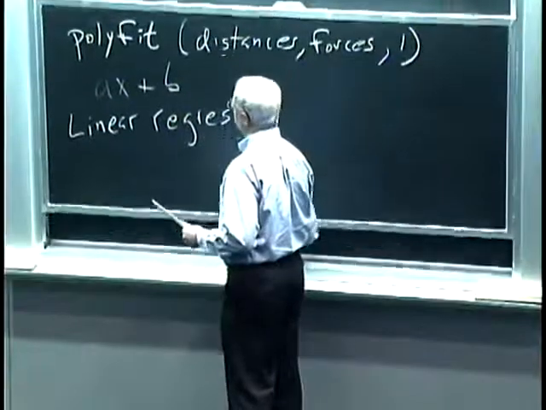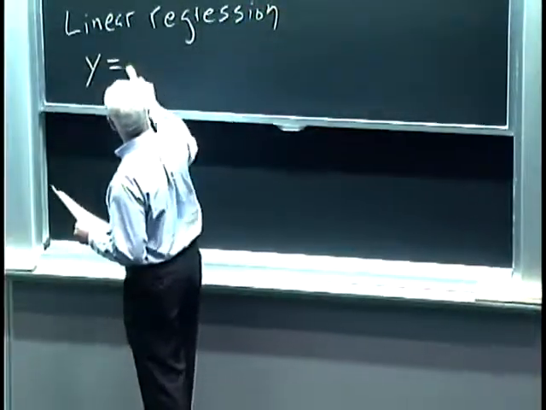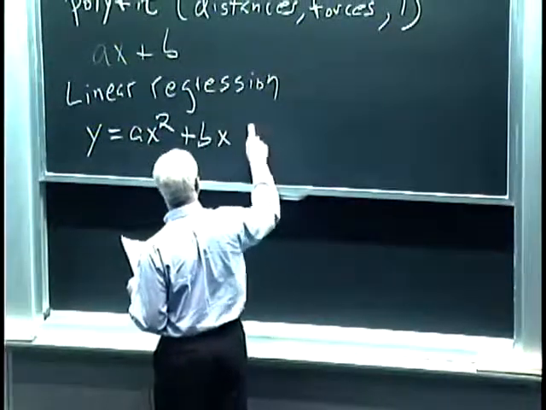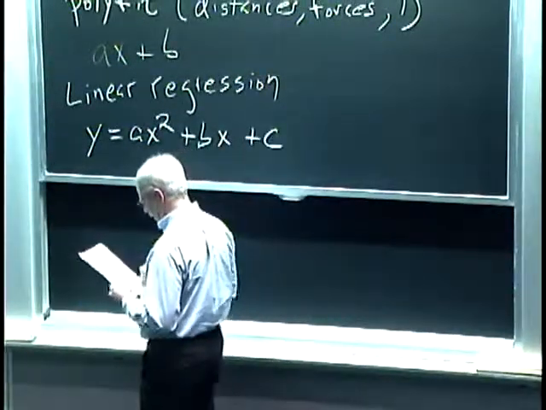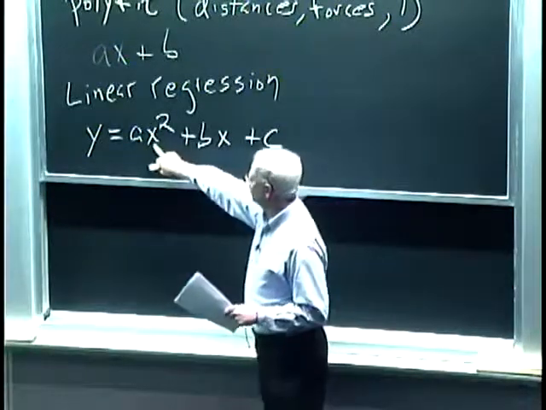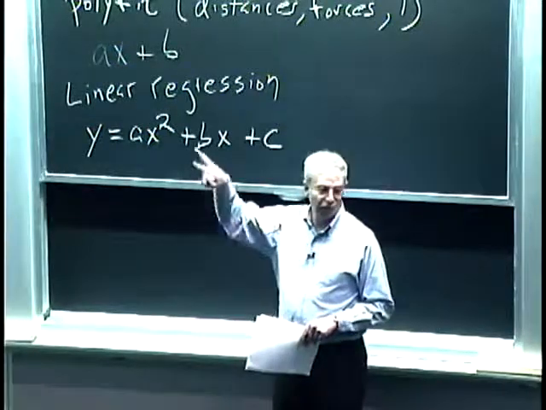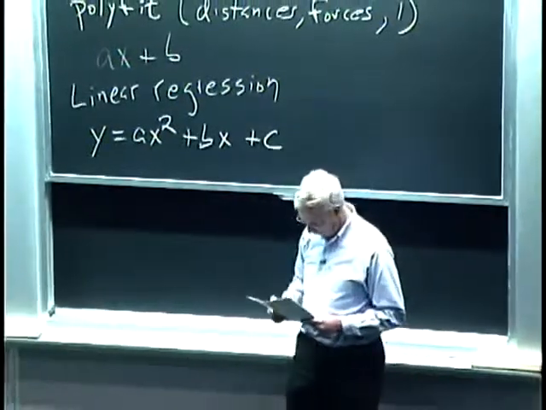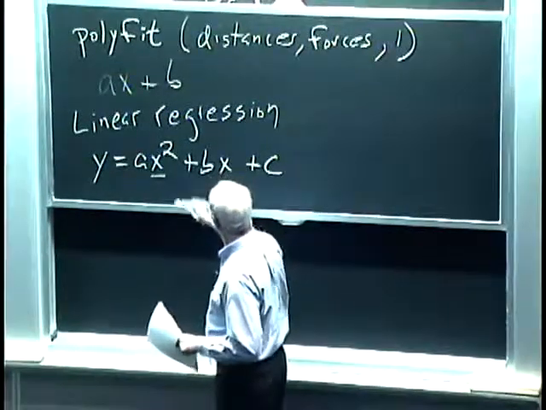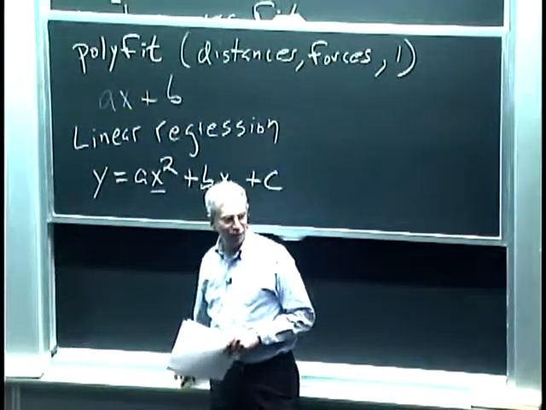So when, for example, we did the quadratic, what we had is y equals ax squared plus bx plus c. The graph versus x will not be a straight line, because I'm squaring x. But it is just about, in this case, the single variable x.